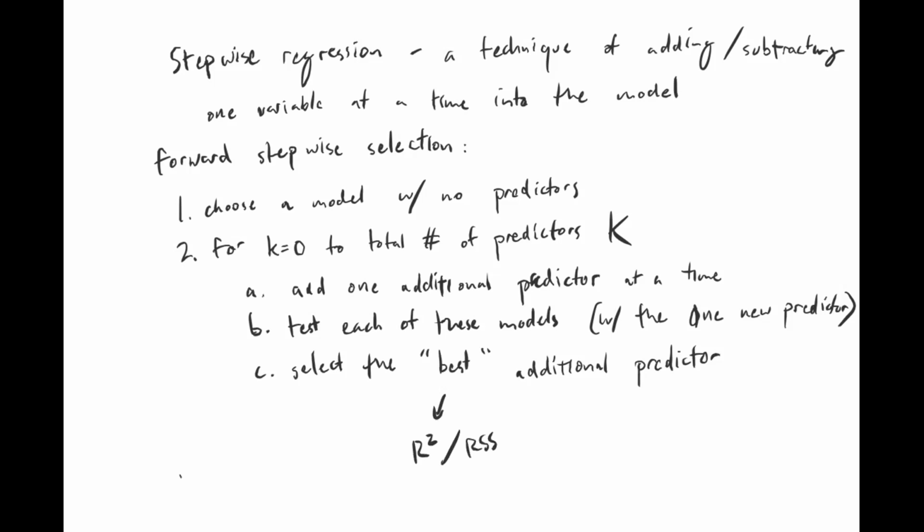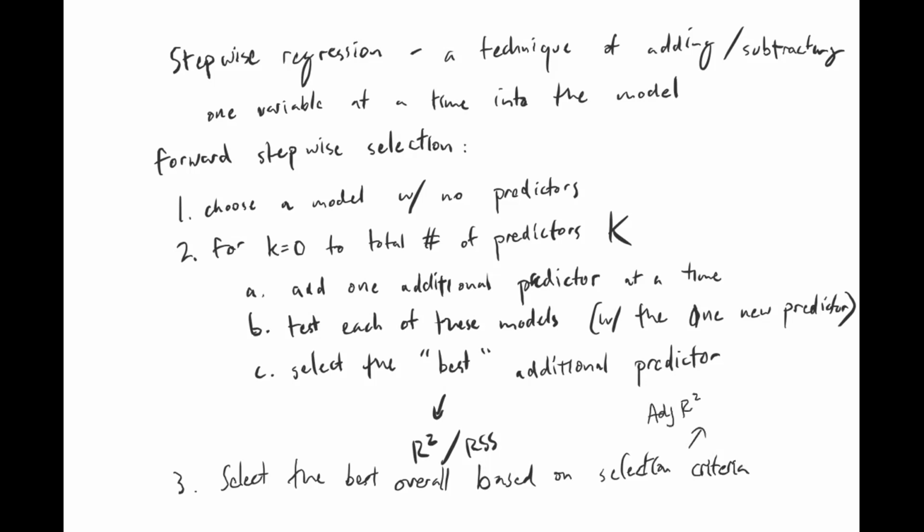And then once you've gone through all of this, you select the best overall based on selection criteria. This could be your adjusted R squared or your AIC or your BIC.